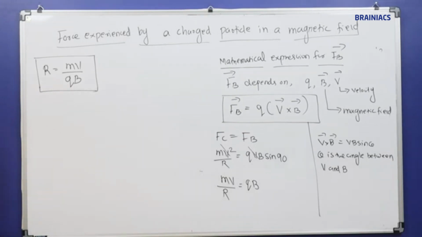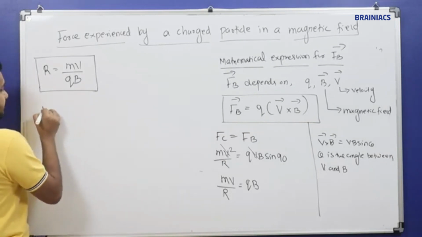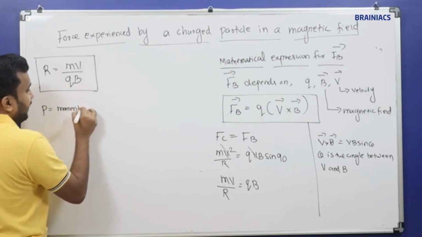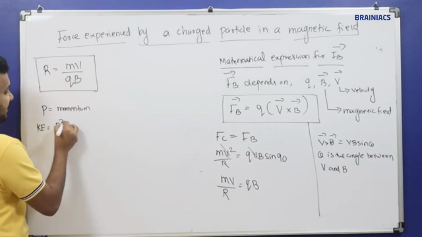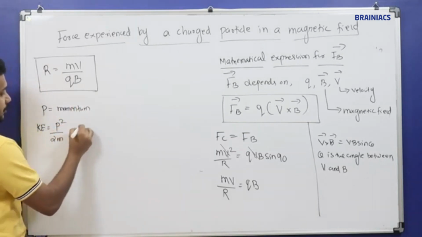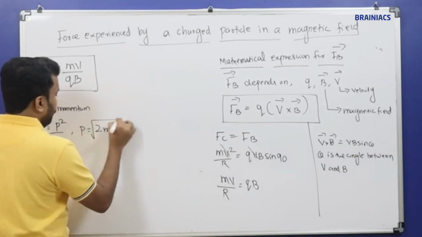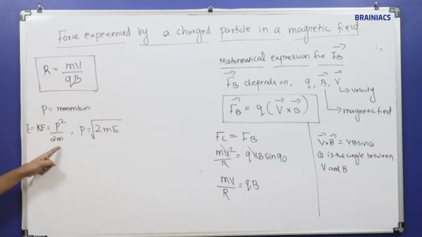Next, we know from the first year itself, P is called momentum. Kinetic energy E is equal to P square by 2m. So P is equal to root of 2mE.